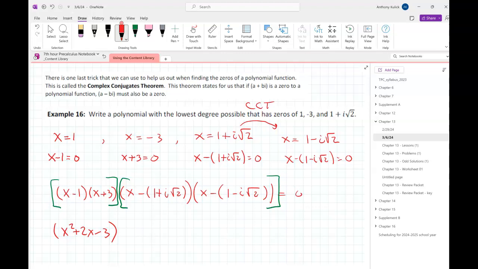If I FOIL the other piece together, I'm going to do x times x. I'm going to do minus x times 1 minus I root 2. And then minus x times 1 plus I root 2.